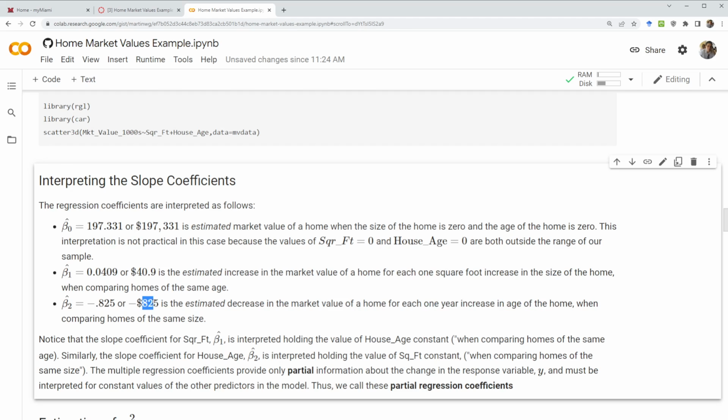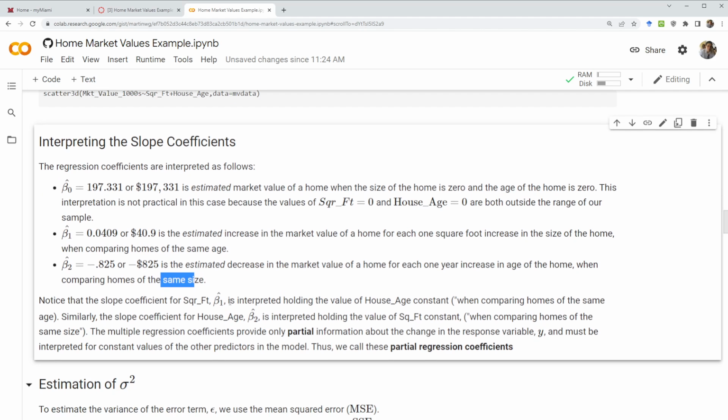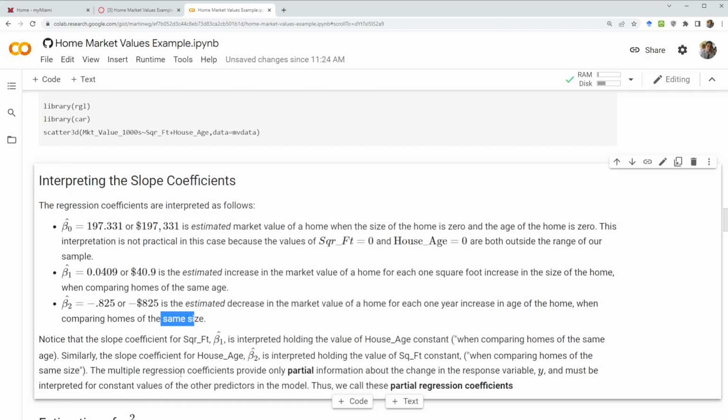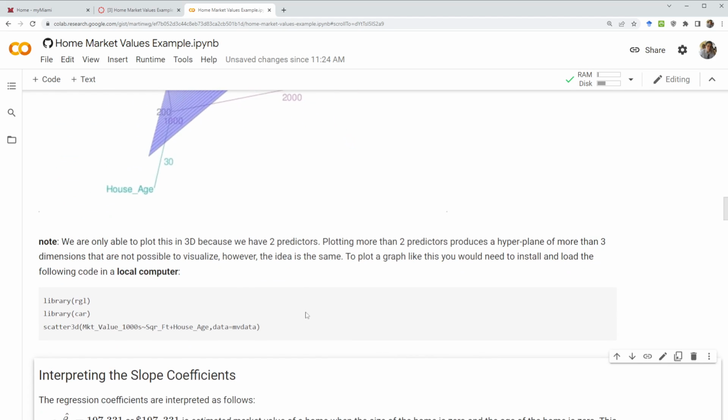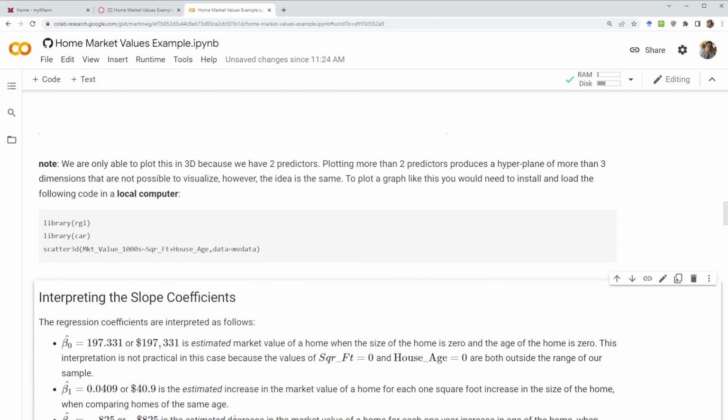The house value goes down by $825 when comparing homes of the same size. And that's what we mean when we say partial regression coefficients, because we have to interpret these for constant values of the other variable. And this might make more sense to you now when you have this estimation.